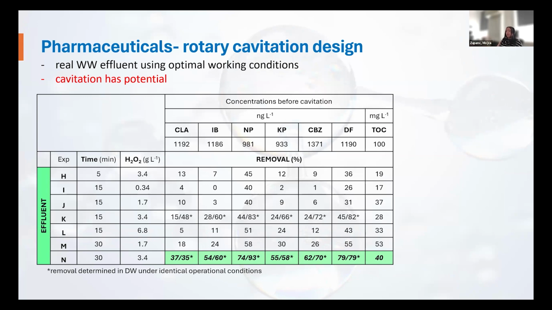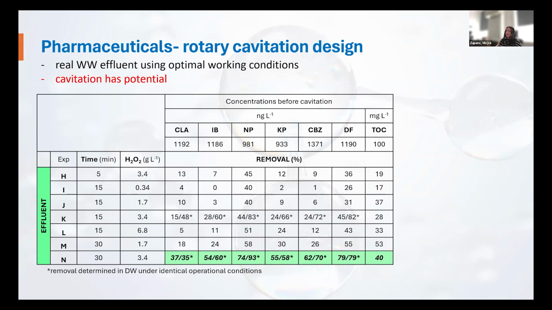But this time, we took the real wastewater effluent from the Ljubljana wastewater treatment plants. You can see here that the concentration of these pharmaceuticals is ranging from 0.9 to 0.3 micrograms per liter. And we tested here also, we changed treatment time and addition of hydrogen peroxide.